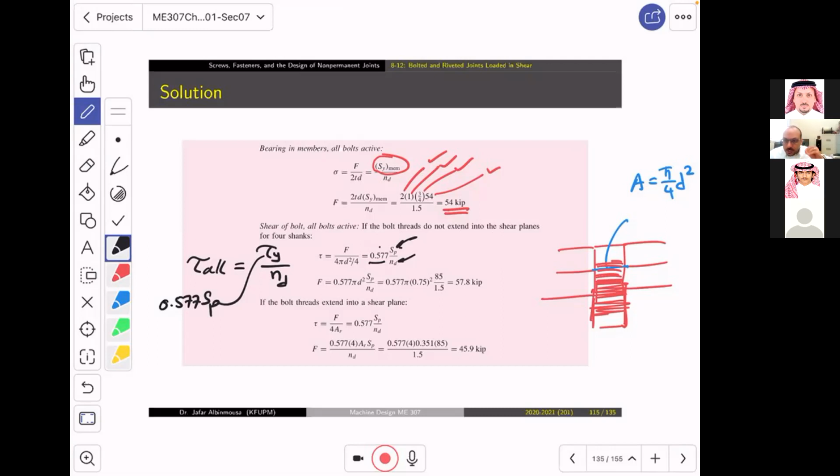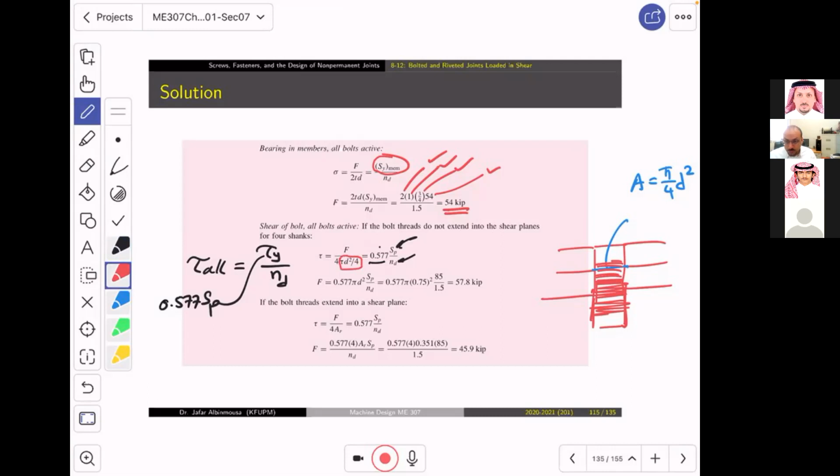Now, this is the idea. There is one little thing which is different over here, which you need to be careful about, is the fact that the area is pi over 4. So this is pi over 4 d square.